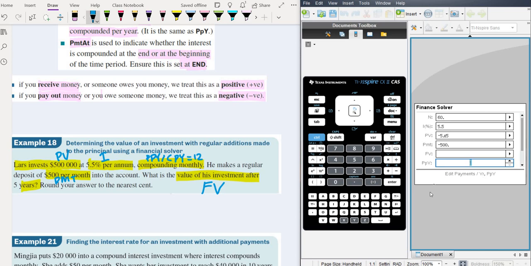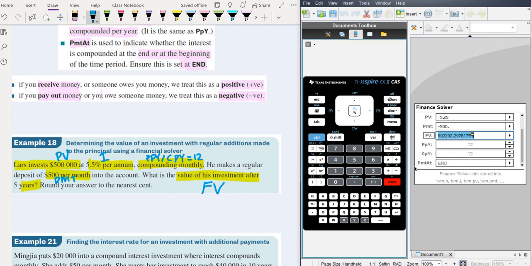And payment per year is 12. Then if we go down, that's 12. That's set to end. So now we just press enter. We put the cursor on future value and press enter. It gives us the future value that we're looking for.